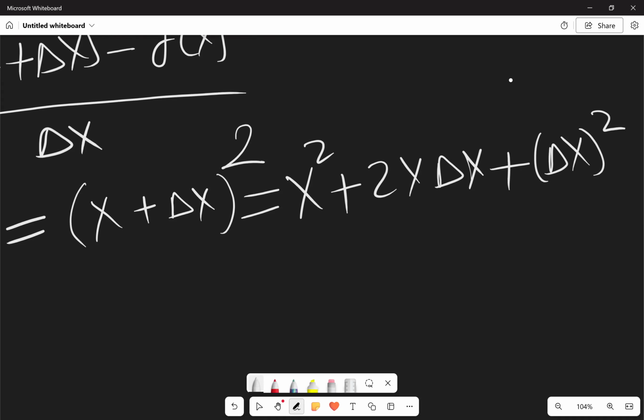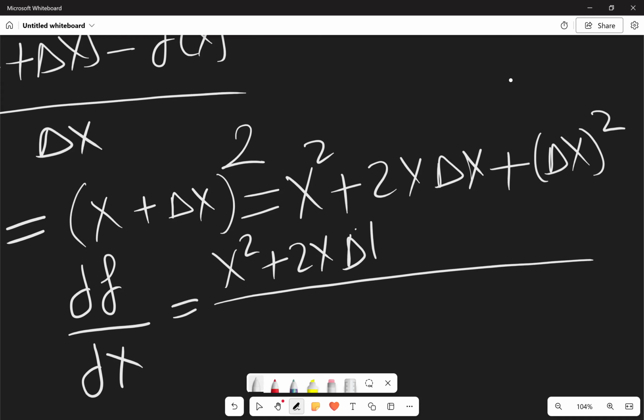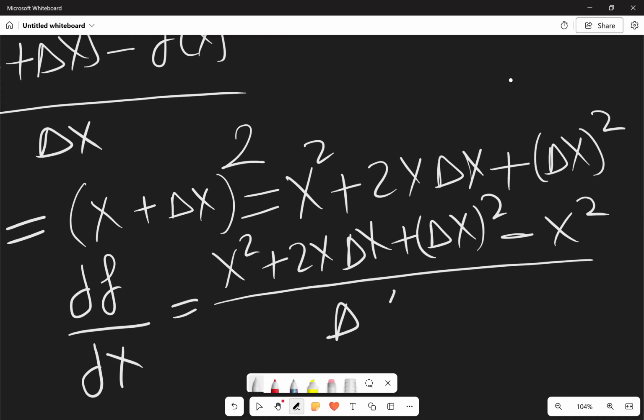Then the numerator becomes, I'm going to write it here little by little, the f of x plus delta x is x squared plus 2x delta x plus delta x all squared minus f of x, so minus x squared, divided by delta x.